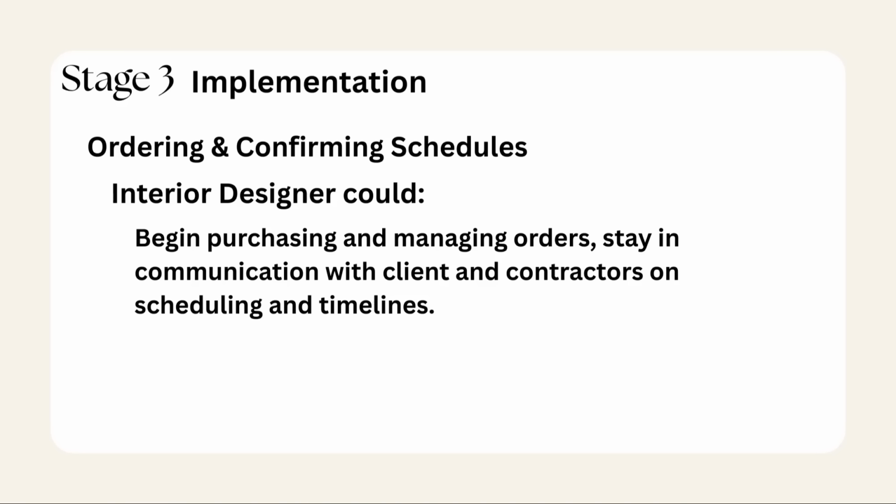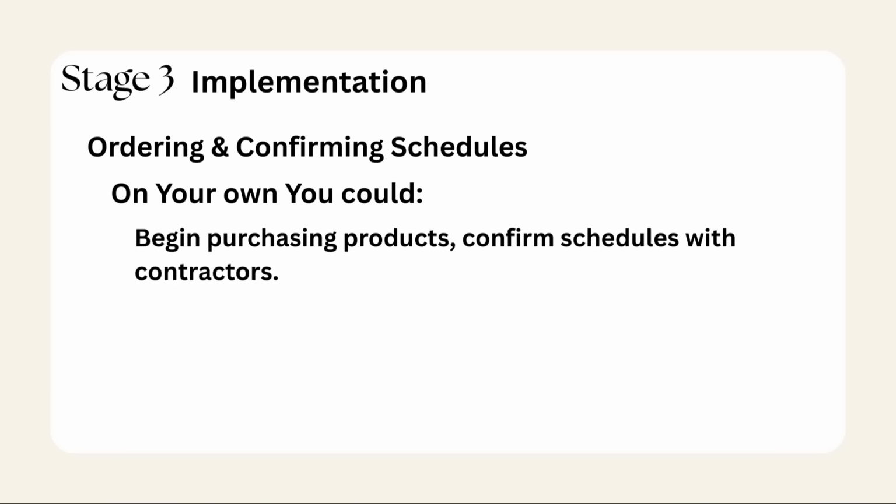This is where they would stay in contact with their client about scheduling and timelines, and staying in contact with the contractor about their timelines and scheduling. And then on your own, you would start to order everything that you need to order.